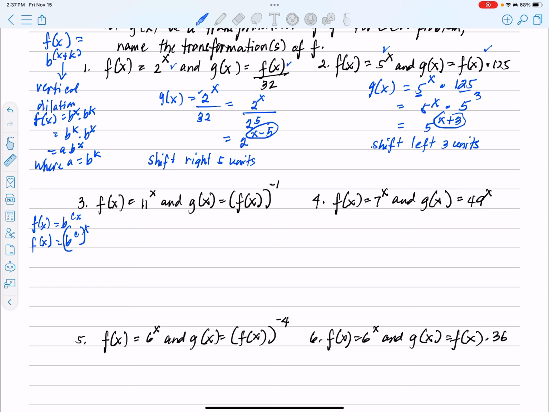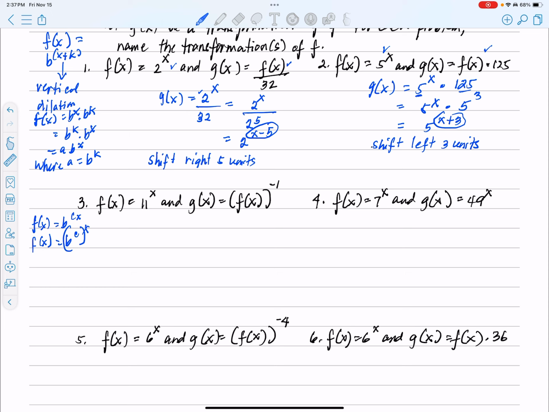Okay. Now, if we have this, f of x is equals to 11 to the power of x, and g of x is equals to f of x raised to the negative 1. All right, we can see a negative exponent.